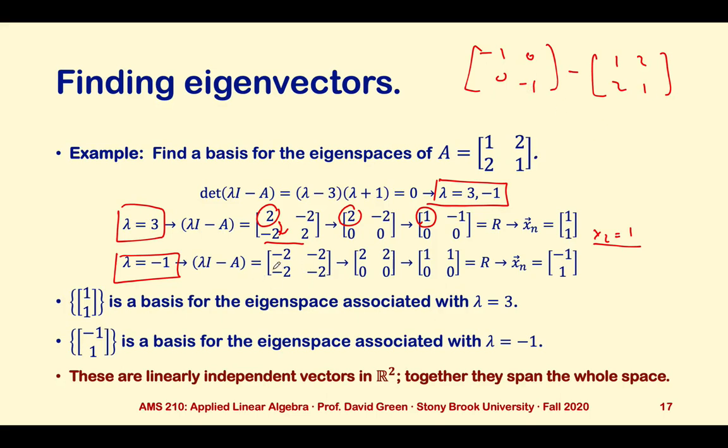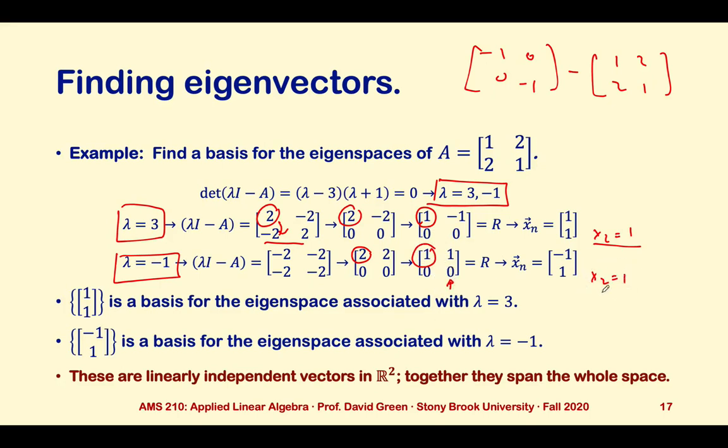Again, the second row is a scalar multiple of the first, actually identical to the first, so it zeroes out in the first round of elimination. Scale our second row, giving us this reduced row echelon form. Once again, we have one pivot and one free variable.